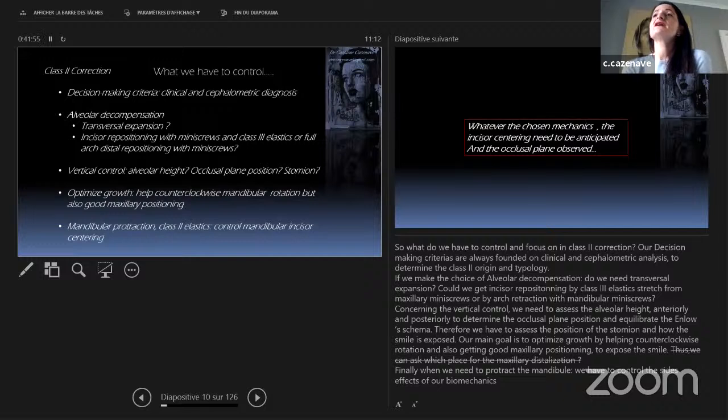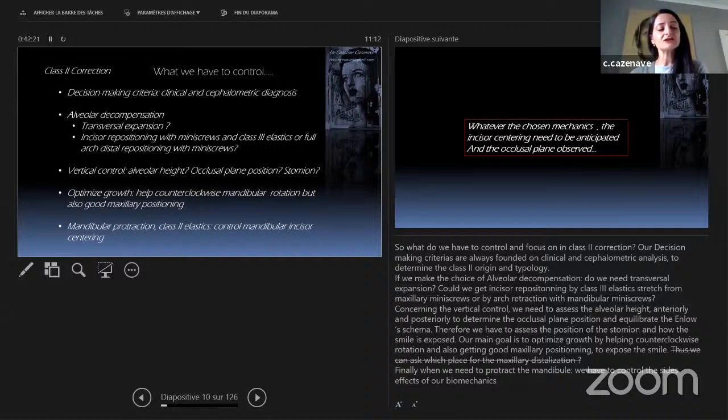So what do we have to control and focus on in class 2 correction? Our decision-making criteria are always founded on clinical and cephalometric analysis to determine the class 2 origin and typology. If we make the choice of alveolar decompensation, do we need transversal expansion?